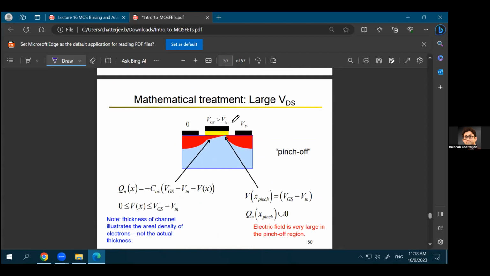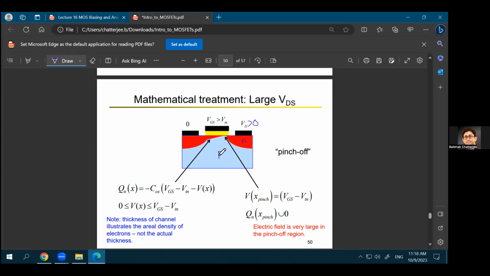Now, from the mathematical treatment, what is happening at large VDS? This is something we are trying to explain, the saturation of the MOSFET. So for large VDS, when you have a large drain to source voltage, this is N-channel, N-type semiconductor, and this is P-type semiconductor. As you are applying a positive VDS, you are reverse biasing this PN junction diode.